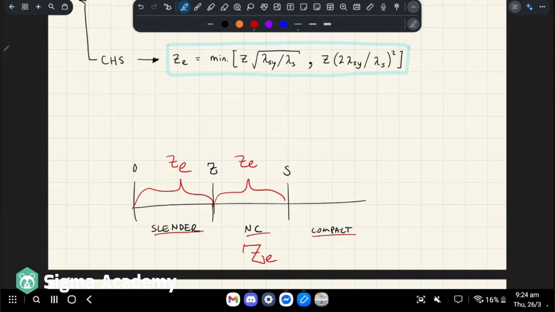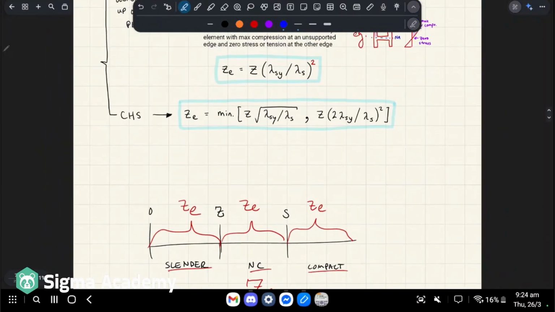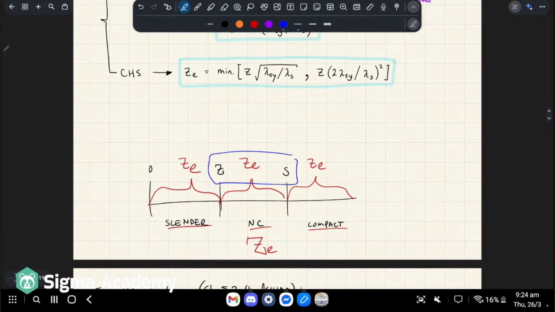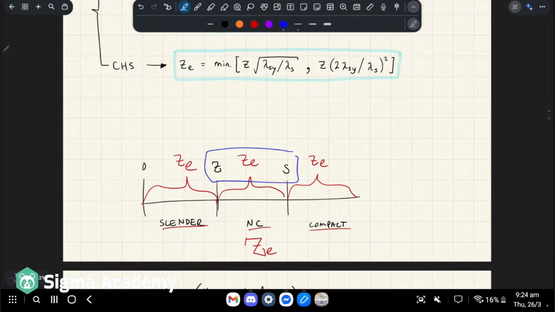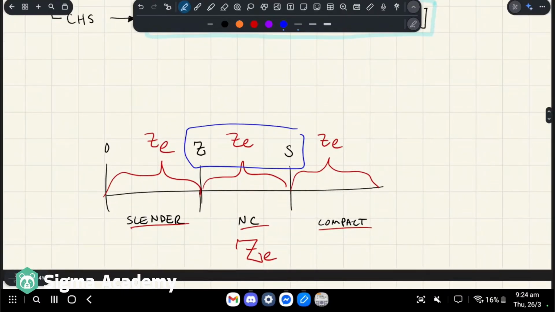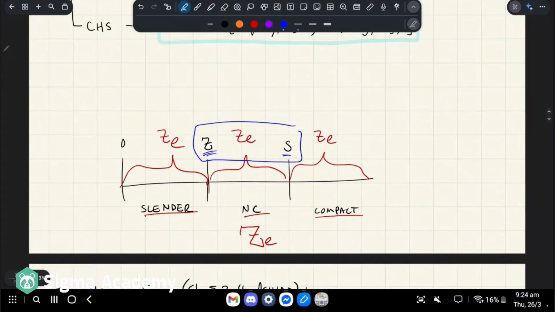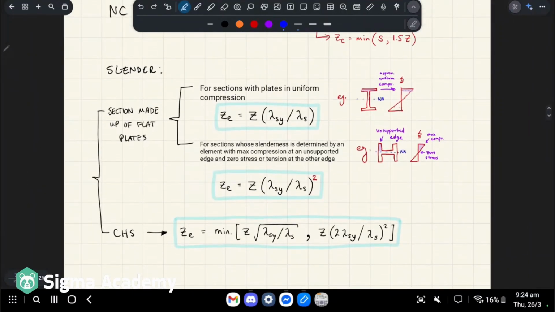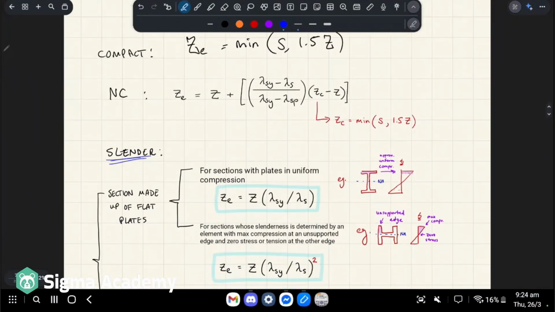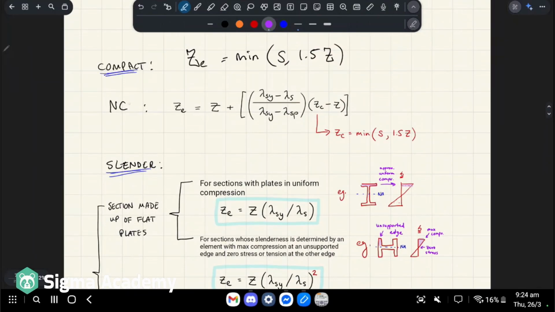And for compact, Ze can sit in this region. So we need both Z and S because it's going to be a function of both Z and S, right? For slender sections, you actually don't need to calculate S because you'll never reach S, basically. So I might explain compact and slender first, and then I'll explain the one for our example, non-compact.